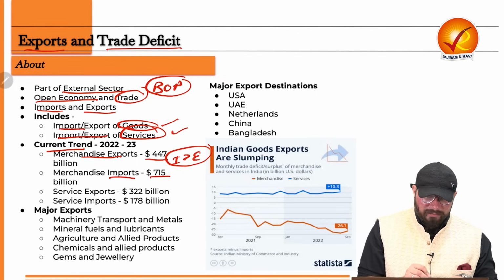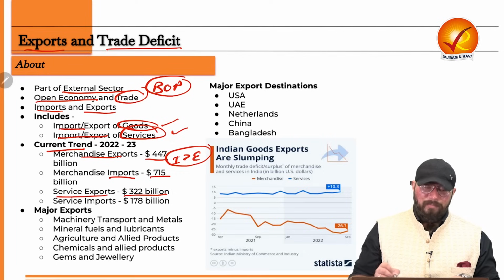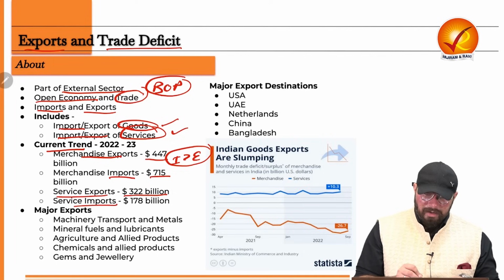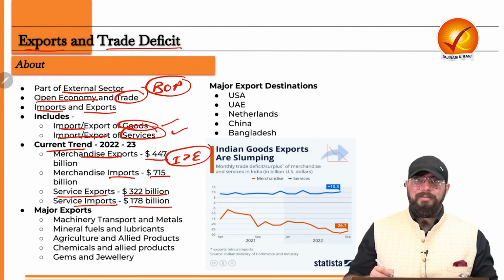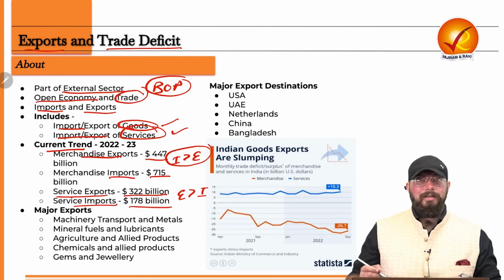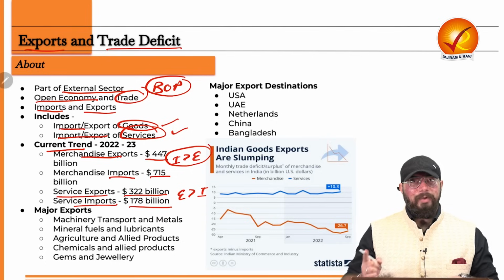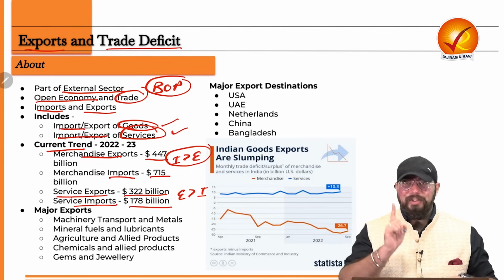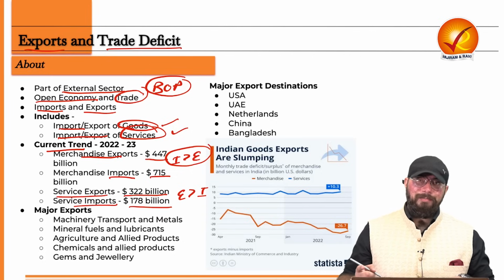Now let's come to the services. Our services exports are $322 billion and the services imports are $178 billion. That means service exports are more than imports. And what essentially are we exporting in services? Essentially the information and technology part.